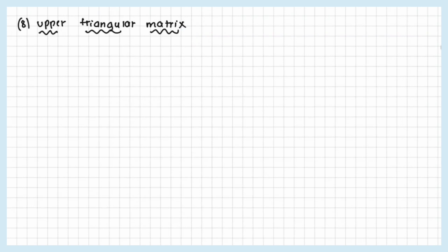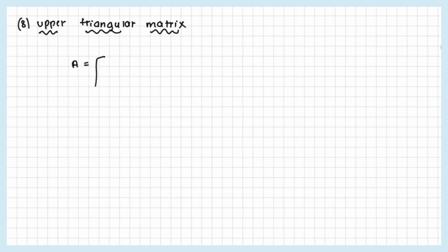This is called the upper triangular matrix. This is very interesting. So first I'll give an example for better understanding.